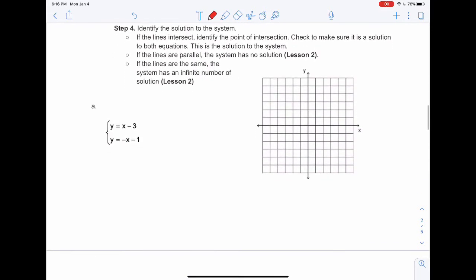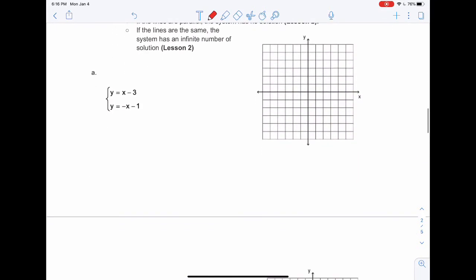Let's start with one example. Our first equation is y equals x minus 3. The second equation is y is equal to negative x minus 1. Let's start with identifying our slope and y-intercept.